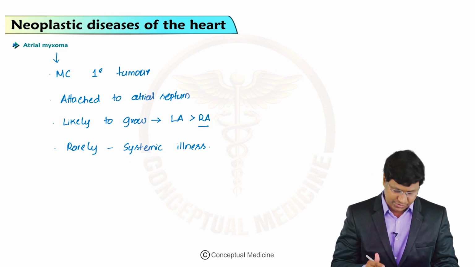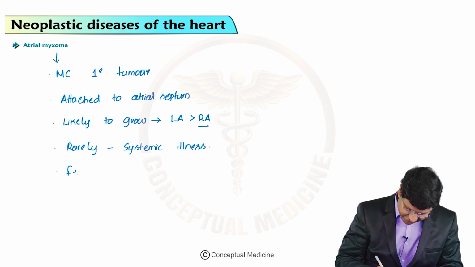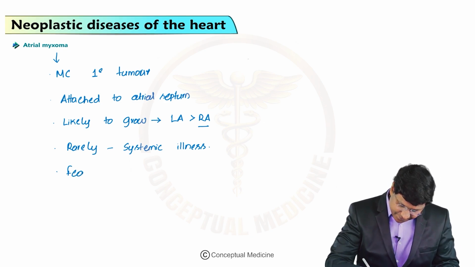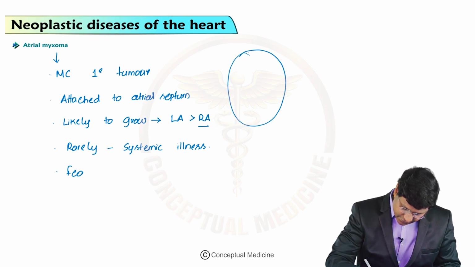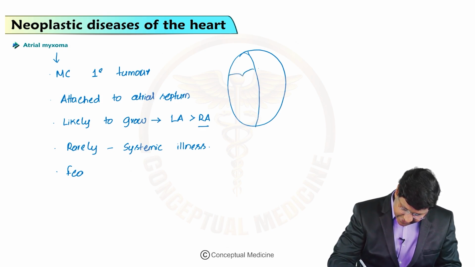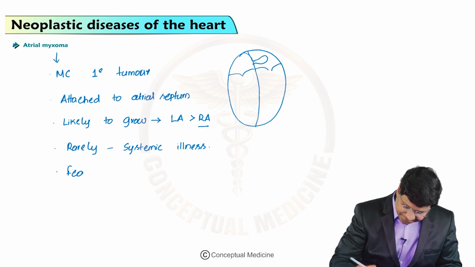They also have the features of obstruction of the blood flow at the mitral valve leaflets. If you see this four-chambered heart, this is your tricuspid valve, then we have the mitral valve, and this is your atrial myxoma.